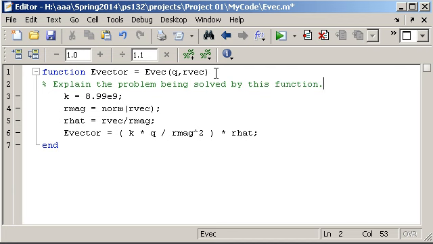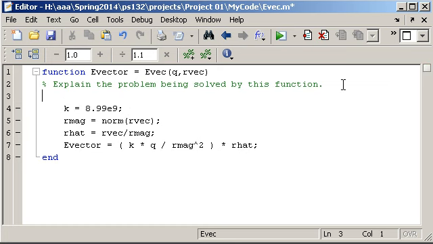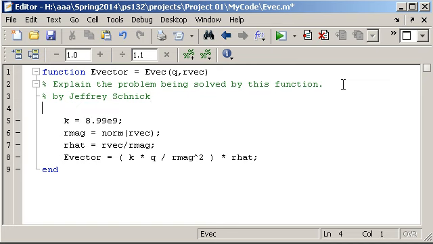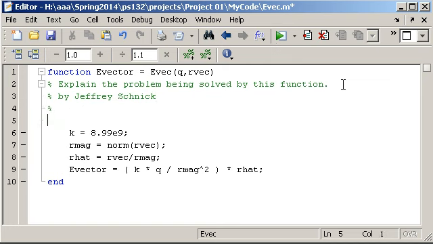So you actually have to explain what's going on here. Say what the function is for, and what it does, and then you gotta say by, and then input variables.